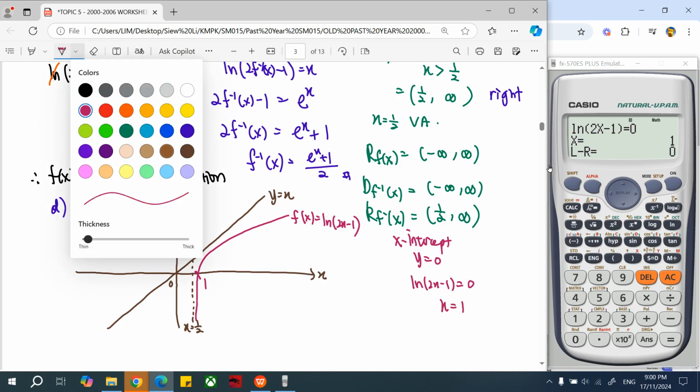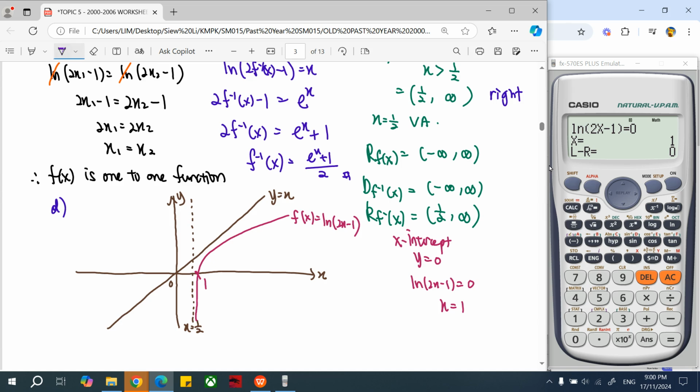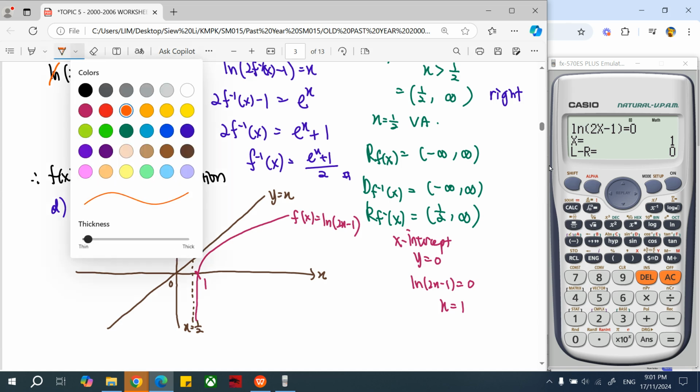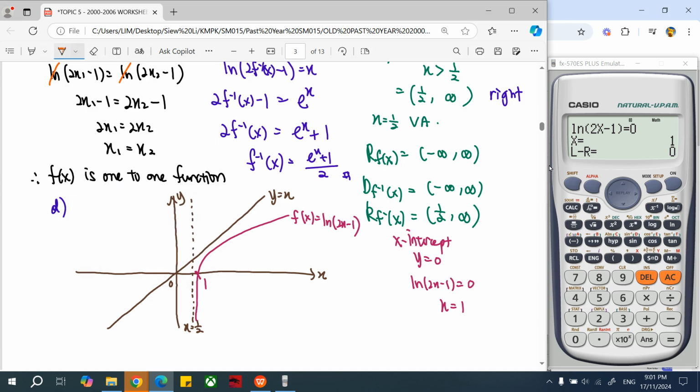Now we're going to do the reflection, so that we have our axis and can get our inverse function. Alright, so first step, reflect your vertical asymptote.